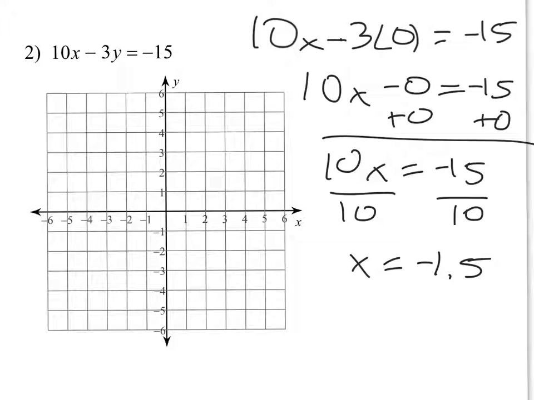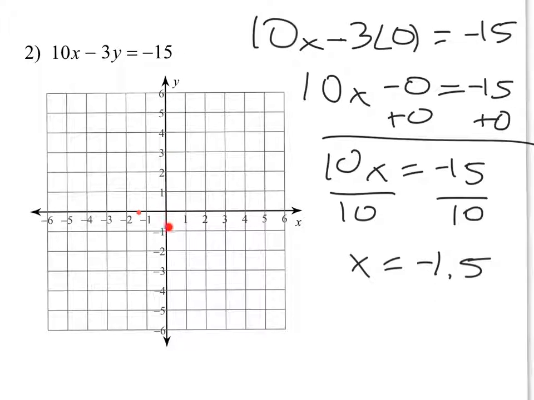So I'm going to make a dot at x equals negative 1.5, which is about there-ish. In case you can't see because that was a smaller dot than I was expecting, it's about right there. Okay, and now I'm going to get my y-intercept.